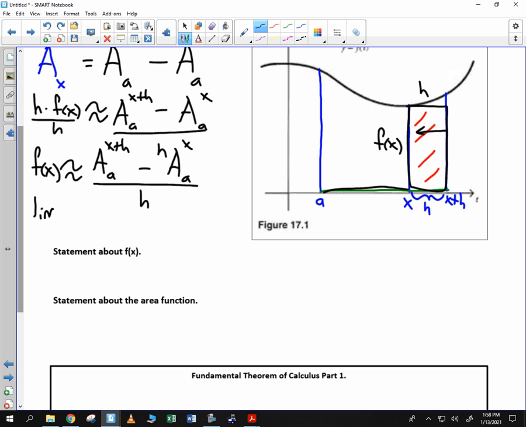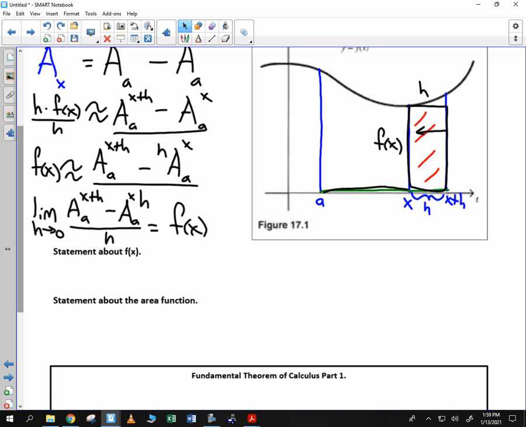So in fact, the limit as h goes to 0 of the area from a to x plus h minus the area from a to x, all over h, is in fact going to be f of x.